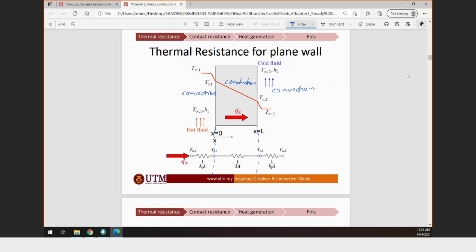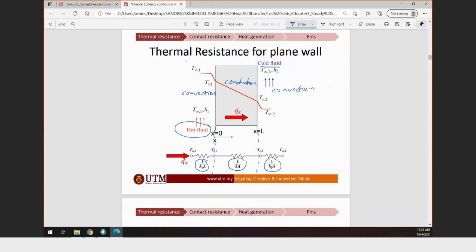So you have convection at the left side, where there is a hot fluid, and then you have conduction in the middle, where you have this wall, and you have the convection on the right side, where you have a cold fluid.